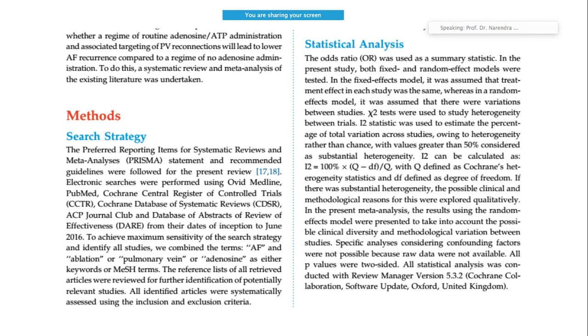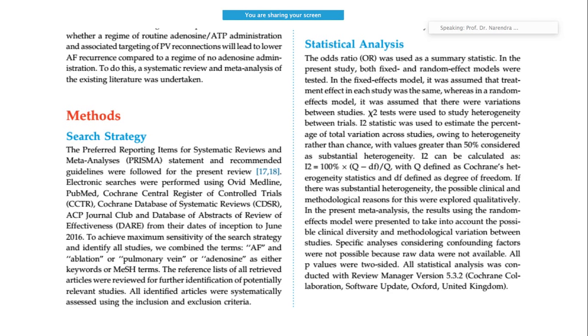PRISMA is a very important guideline actually. PRISMA refers to Preferred Reporting Items for Systematic Reviews and Meta-Analyses. So PRISMA statement, and we gave the guidelines. So we tried to search in Medline, PubMed, Cochrane, and also different databases.